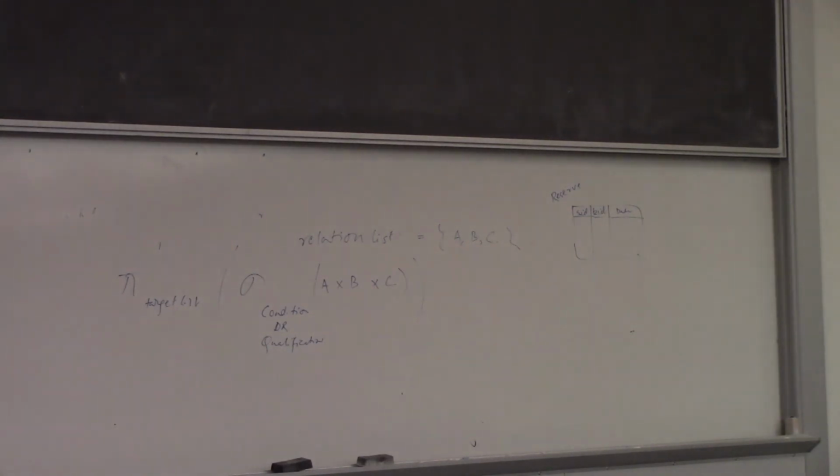Why, by default, doesn't SQL act like the projection? Any idea? It could have done that by default, right? There is no need to have that distinct operator. If there are multiple rows which have the same value, it can just make it a set and output it.